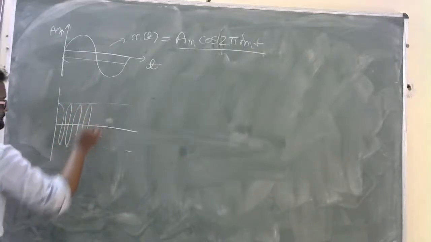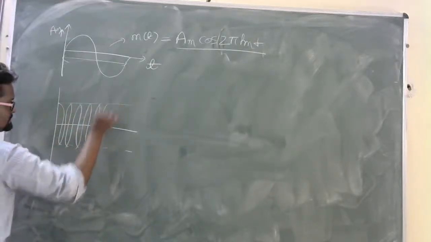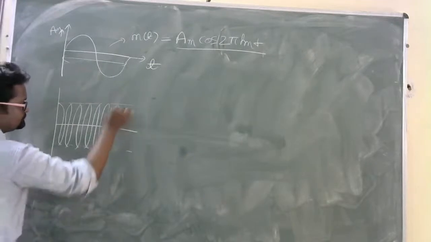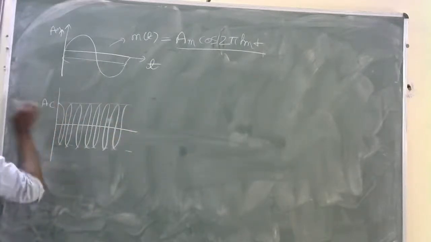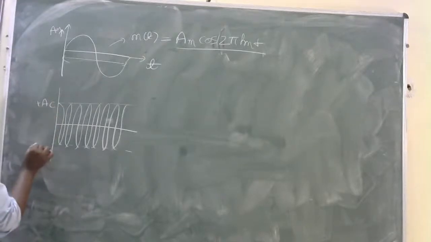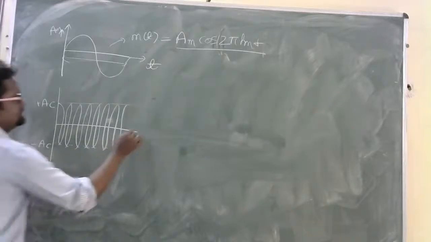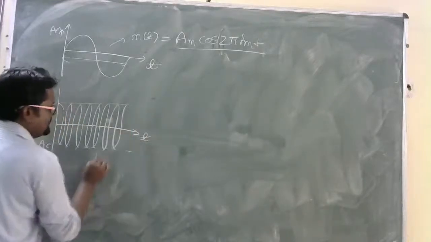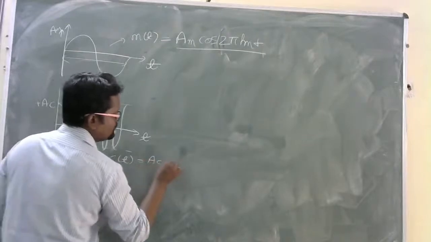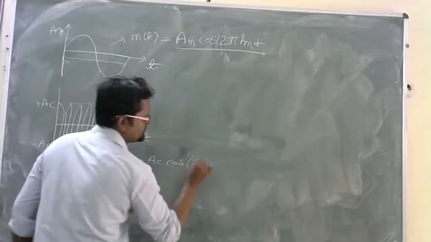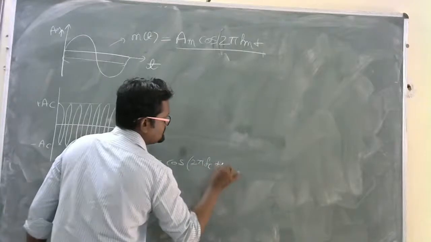What is this amplitude? The value of this amplitude is plus Ac, and the value of this amplitude will be minus Ac. The x-axis represents time, and mathematically it is represented as c(t) equals Ac cos(2 pi fc t plus phi).